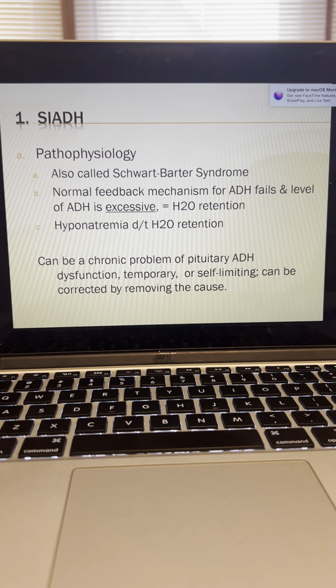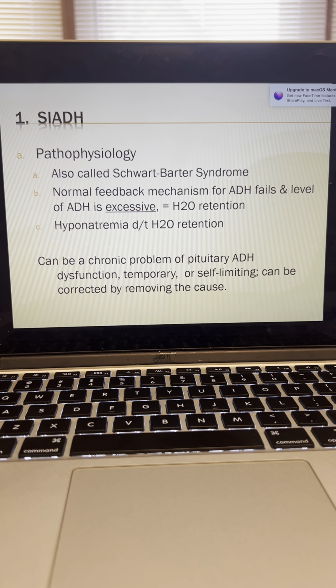Things that inhibit ADH release and promote diuresis: water overload or blood volume, patient being cold, somebody who's abusing alcohol, diabetes insipidus, and CO2 inhalation. So the first one we're going to talk about then is syndrome of inappropriate antidiuretic hormone.